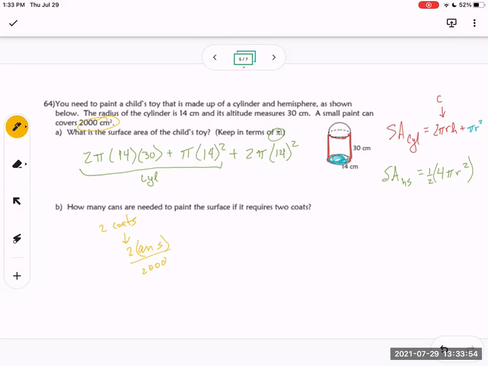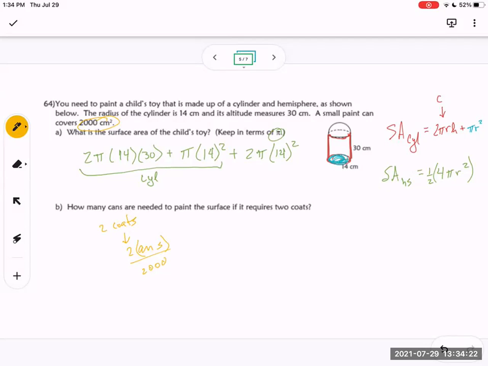They're not telling you that you can buy part of a can. You basically have to buy enough to cover it twice, and you'll have some paint left over. Does that make sense, everybody? Yes, good. So it's like 4.5 cans, but you can't have a half can, so it's like 5 cans.